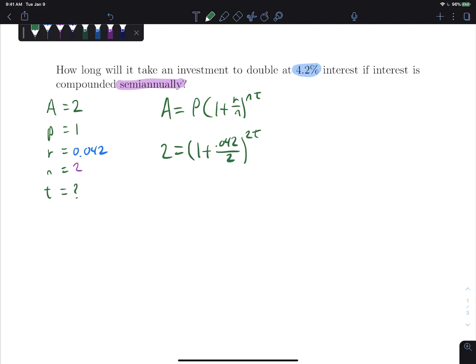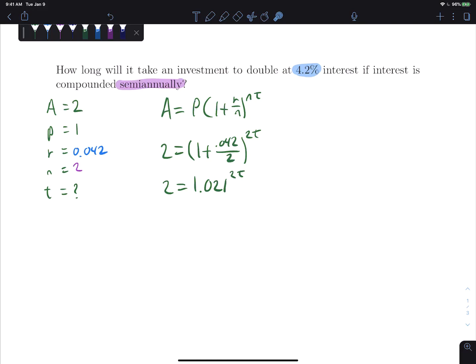And then we can just solve for t. Notice that 1 plus 0.042 over 2, if you type that in, is going to give you 1.021. So really this equation is just 2 equals 1.021 to the 2t power.